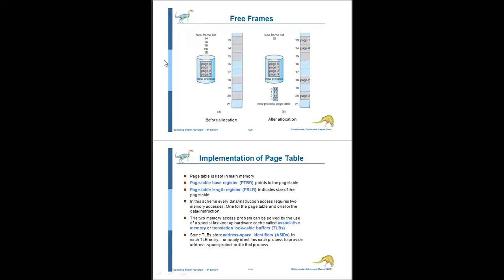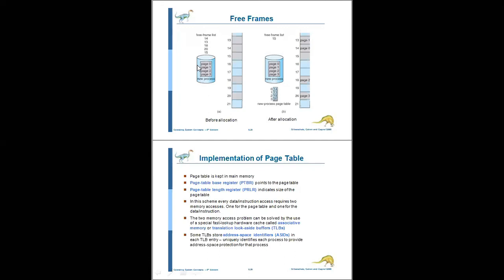See, this diagram shows before allocation and after allocation. Here the free frame list is there, with numbers 14, 13, 18, 20, 15. You can put whatever numbers you want.